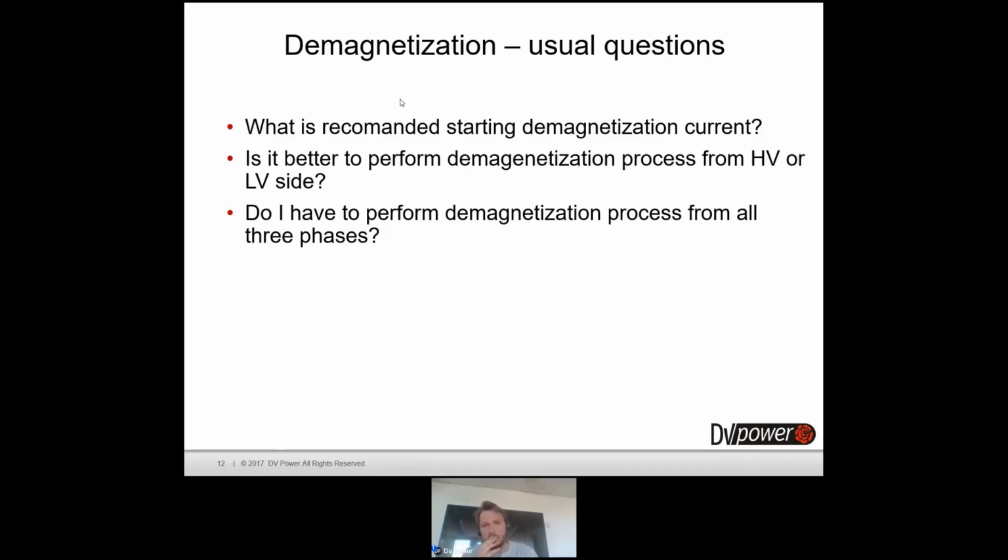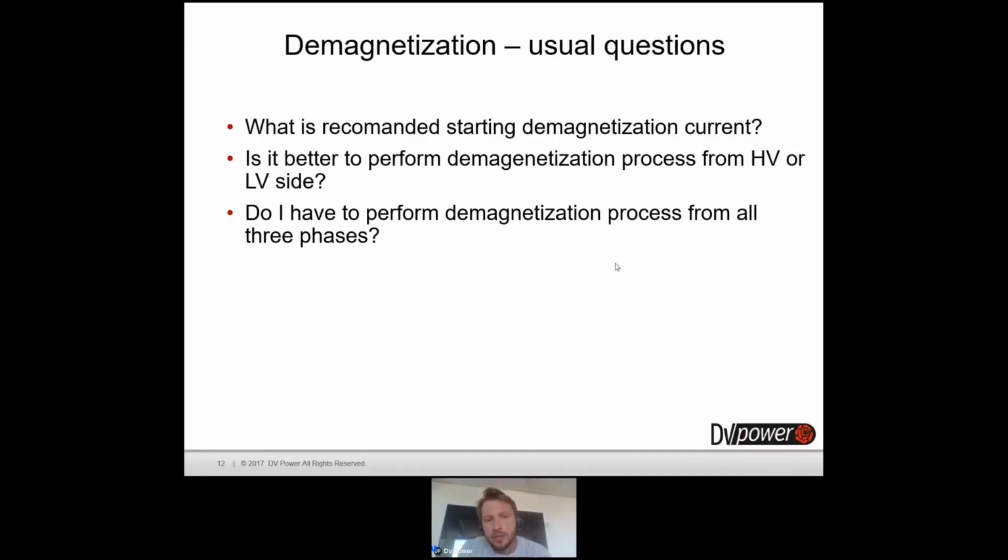It's not necessary to use 20 amps or something like that. So, not necessary to use the same current as you have used for winding resistance test. You can use a lower current and you will have the same results.